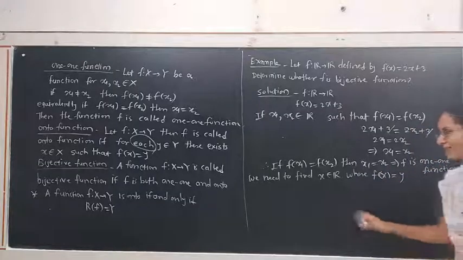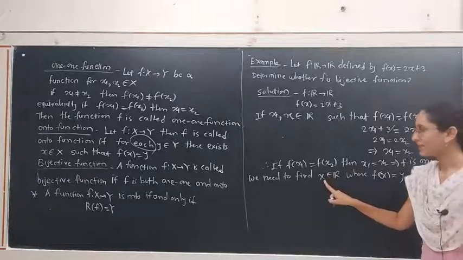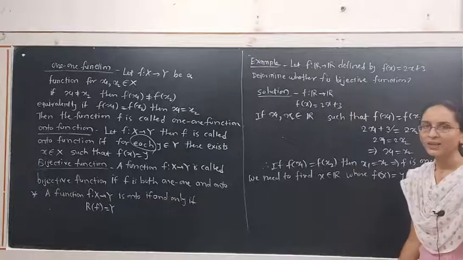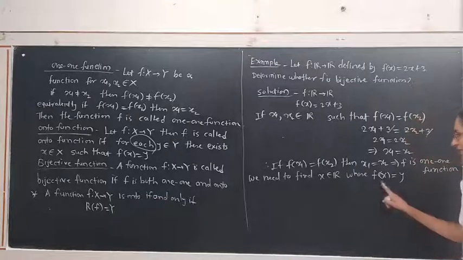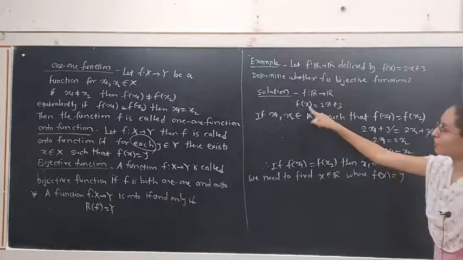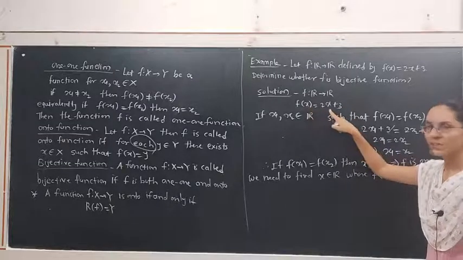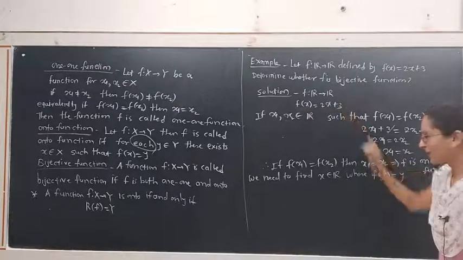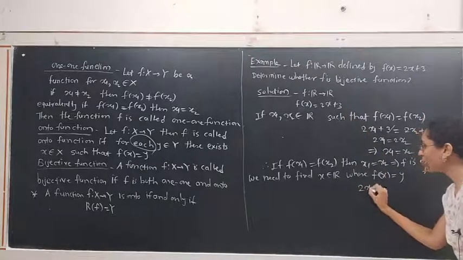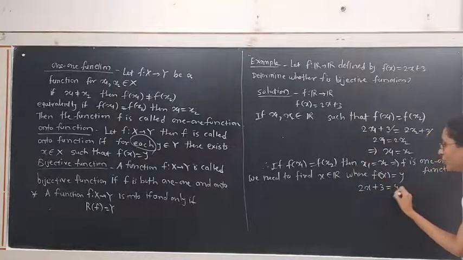If we can find this x, then the function will be onto function. If f of x is equal to y, what is f of x? 2x plus 3. The defined function is f of x is 2x plus 3. Use that value here. 2x plus 3 is equal to y.